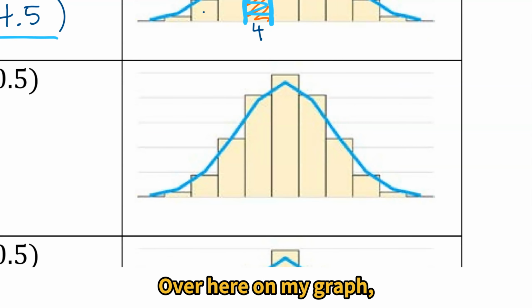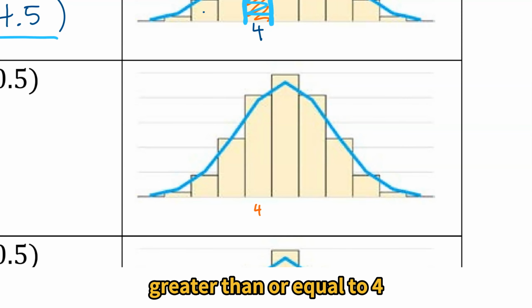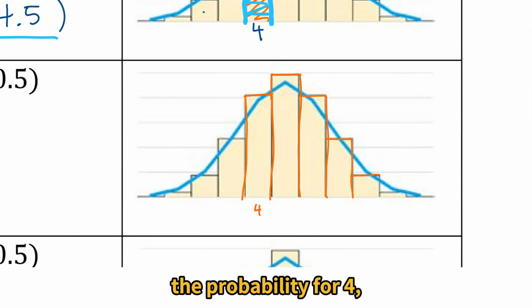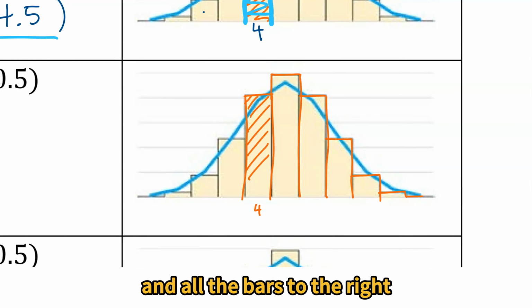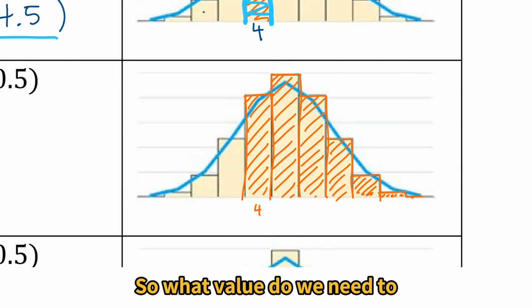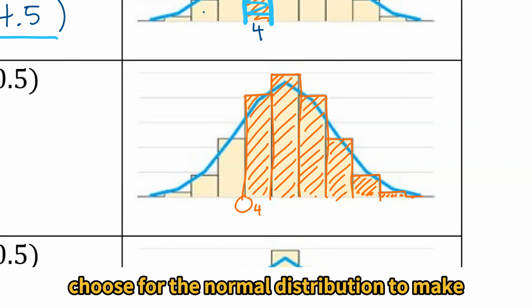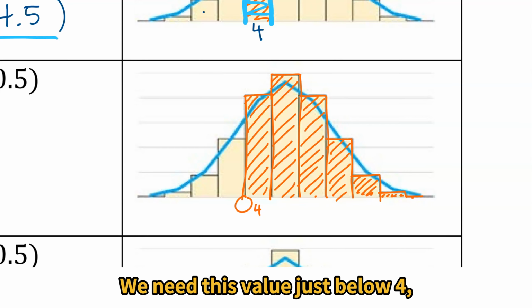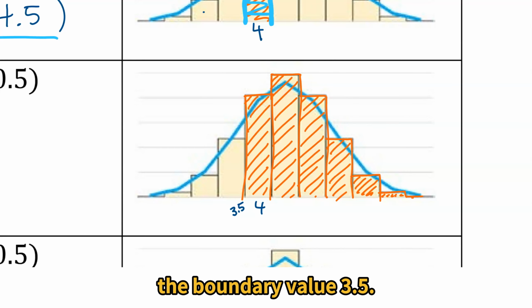Over here on my graph, greater than or equal to 4 means we're taking the bar that represents the probability for 4 and all the bars to the right because we are greater than. So what value do we need to choose for the normal distribution to make sure that we capture all of those bars to the right? We need this value just below 4, the boundary value 3.5.